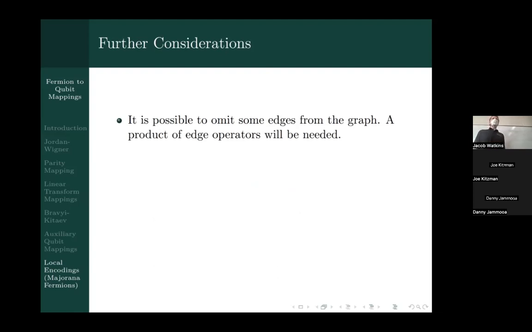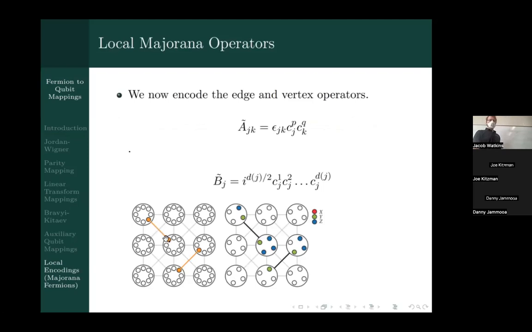So it's just the trade-offs of connectivity, and you'll need a product of edge operators. So basically, if you don't have this link, you'll need to go over to this vertex and then down. So you need 2 edge operators instead of 1. But because of reducing the number of edges, it reduces the number of qubits required. So in many cases, it can simplify the problem.